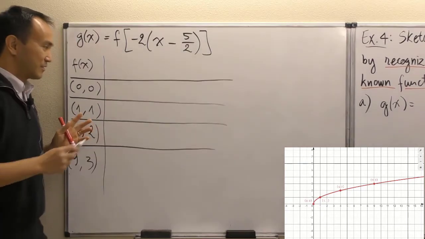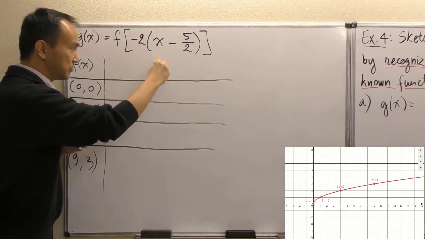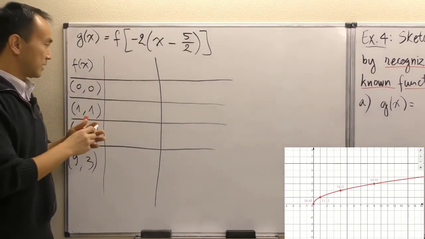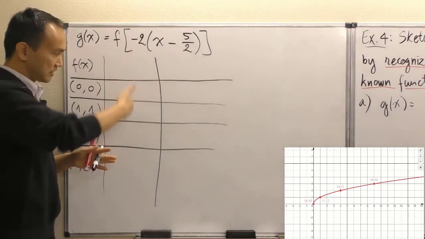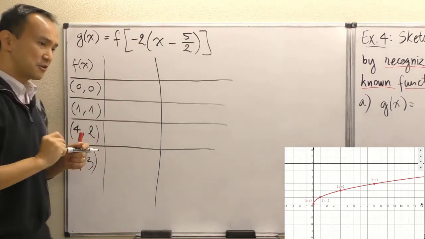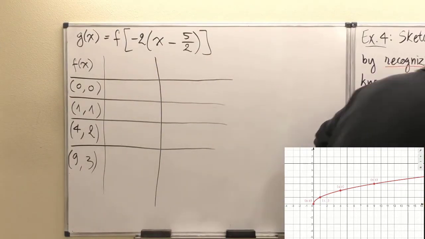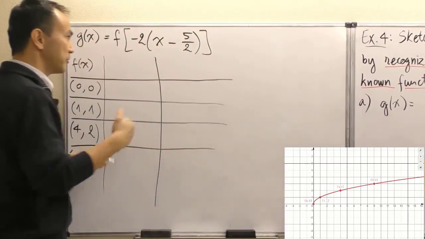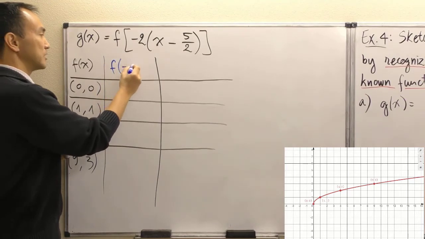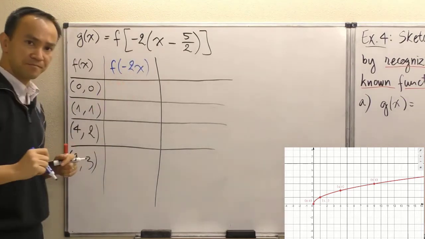Now I am going to nail down the guiding points after our first transformation. The first transformation is going to be f of minus 2x.